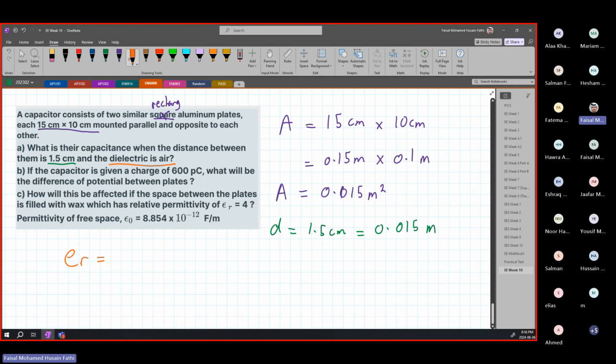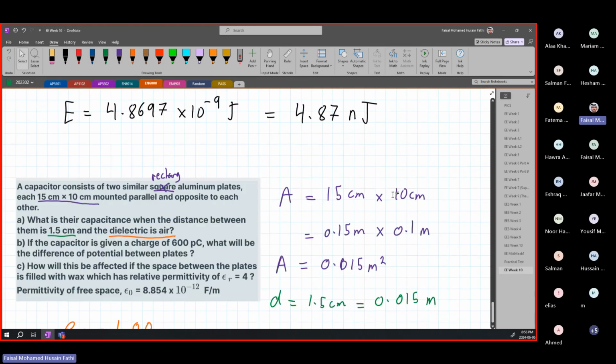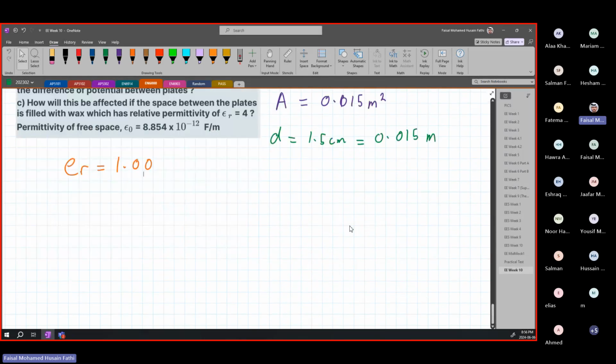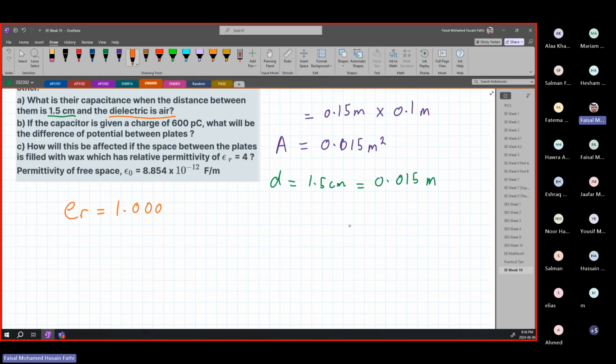ER for air is 1.0006. Now you have everything, and obviously the permittivity of free space they have already given to you over here.